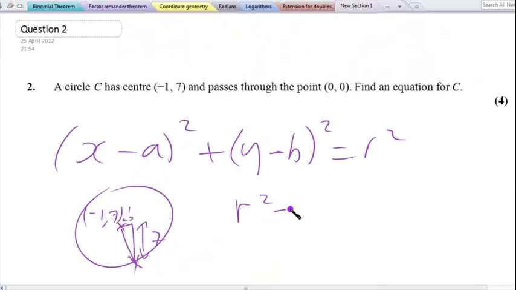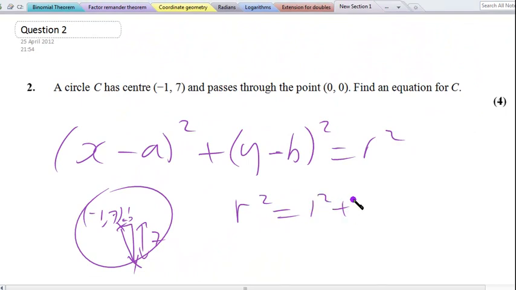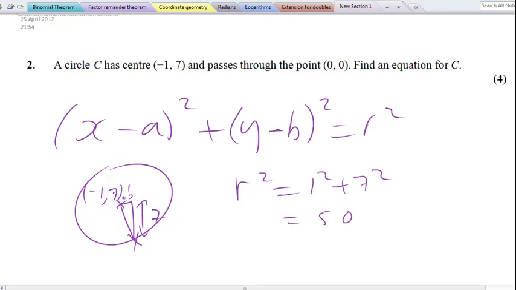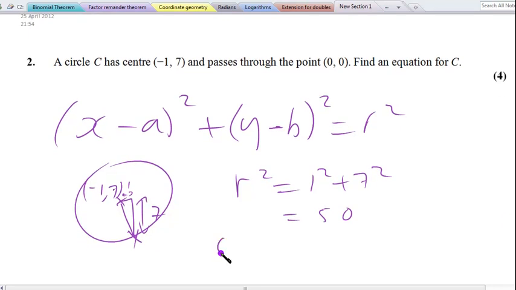So r squared will equal 1 squared plus 7 squared, which equals 50. So the equation of our circle is going to be x plus 1 all squared plus y minus 7 all squared, and r squared is just 50, so we can just write in 50.